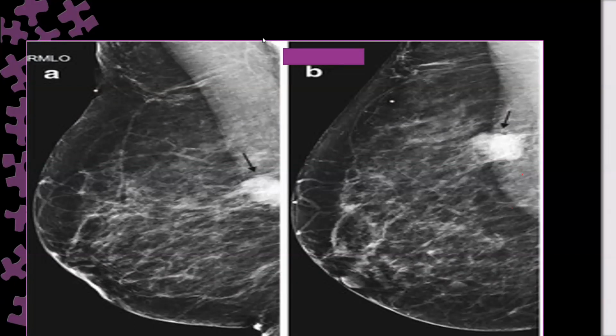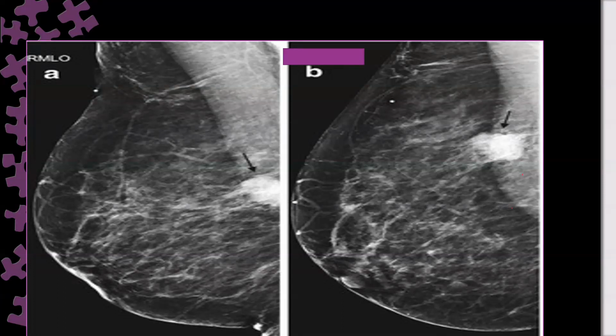Who wants to share with us? This is also both mediolateral oblique. First, mediolateral oblique; second, extended lateral. Excellent, Sumaya. Why did you say this is extended lateral?